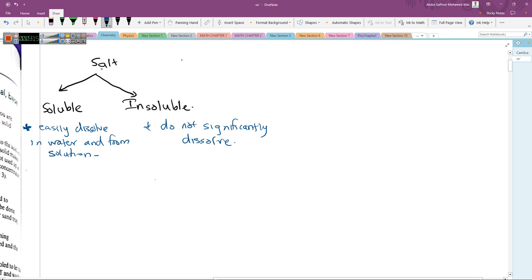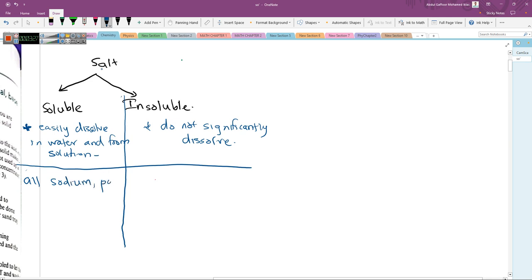If I tabulate the examples of soluble and insoluble salts, it will be like this: all sodium, potassium, and ammonium salts, and also all nitrates are soluble.